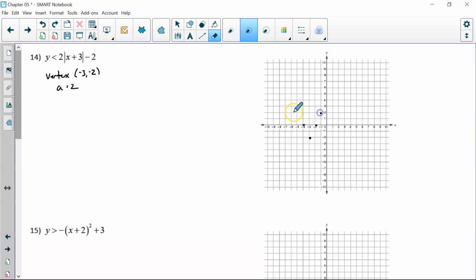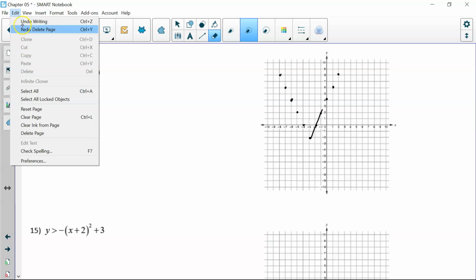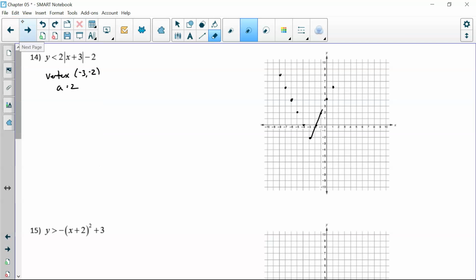That gives us our V-shaped graph. Oh, excuse me. And we're not going to use a solid line. We're going to use a dashed line, because it's just less than.